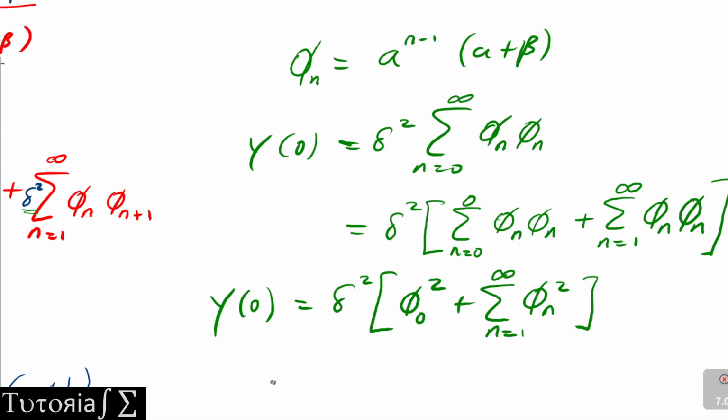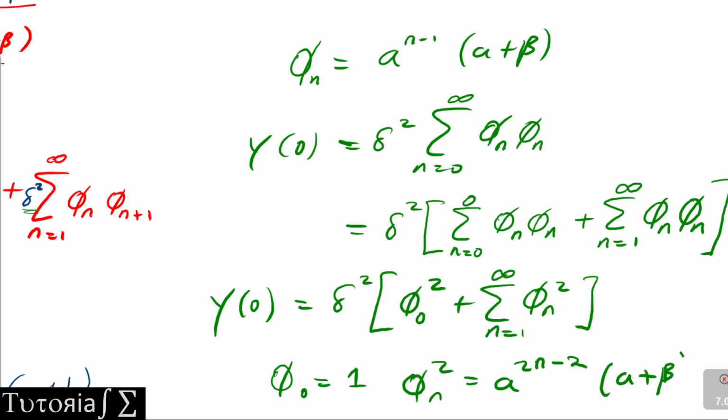So phi 0 is equal to 1, and phi n squared will be equal to, so we're squaring this, so this squared and this squared, so it would be a to the power 2n minus 2, that is squared, then plus a plus beta to the power 2, everything to the power 2, so that is squaring that.